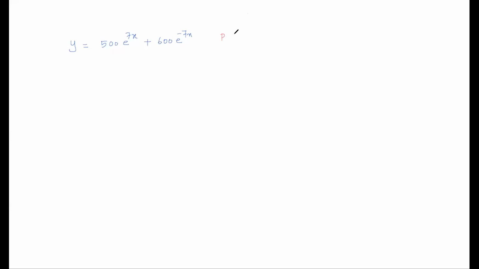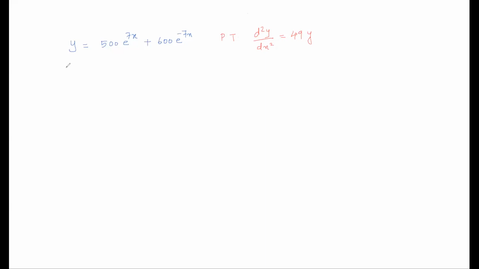The question is: prove that d square y by dx square is equal to 49y. We'll do this first anyway.